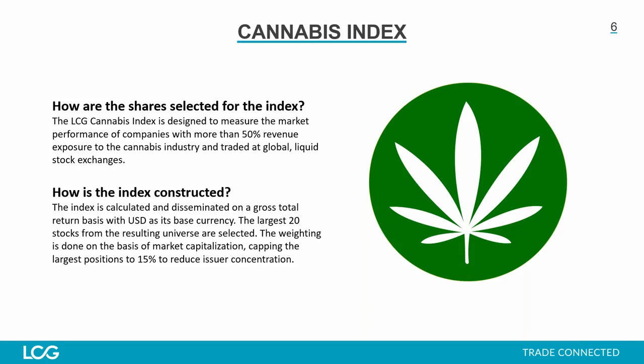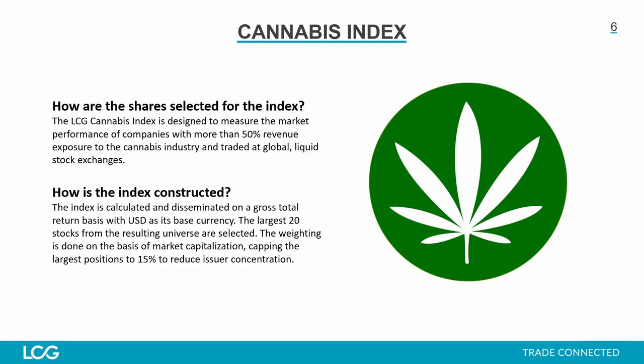So the short and sweet of that is that this index is designed for companies that make more than 50% of their sales out of cannabis. So really this index is aimed at pure cannabis companies.